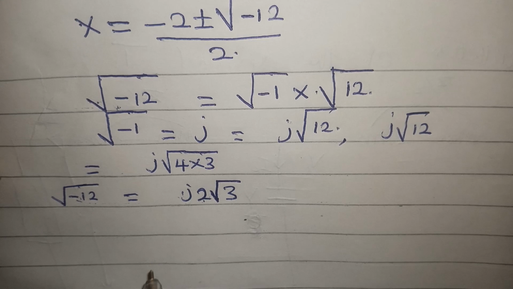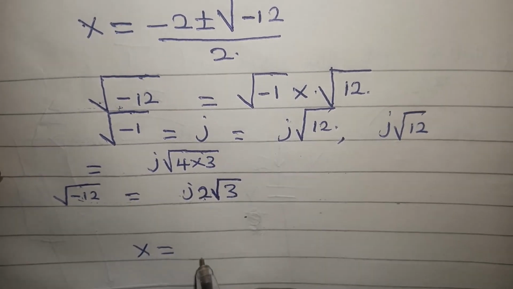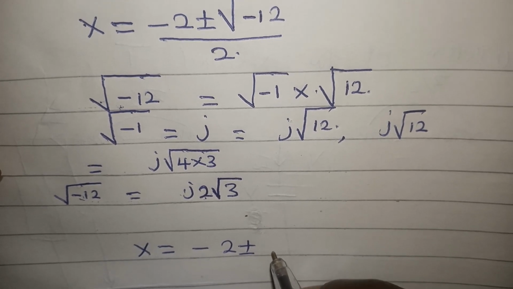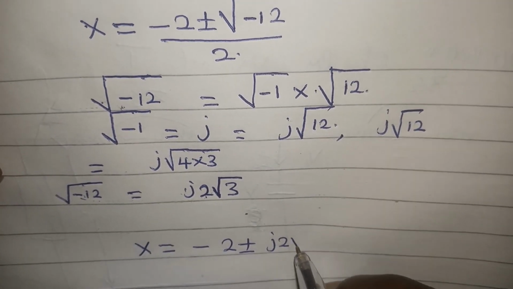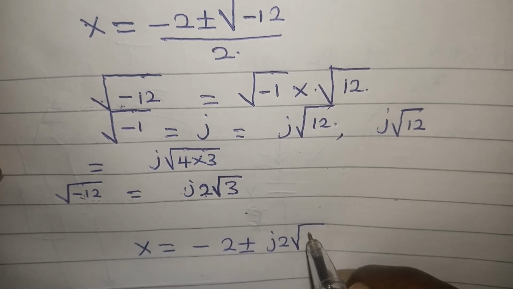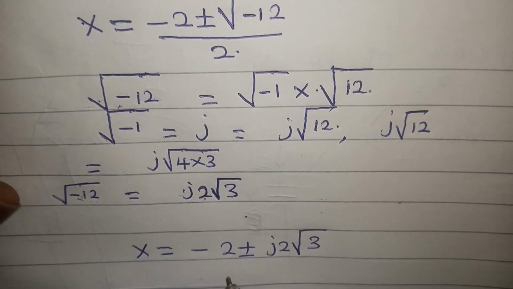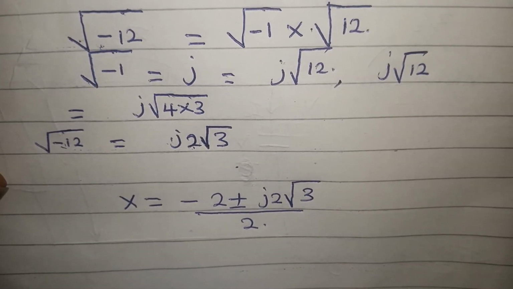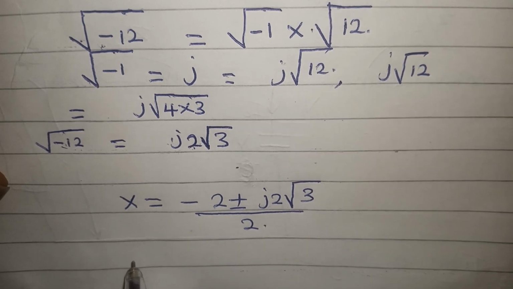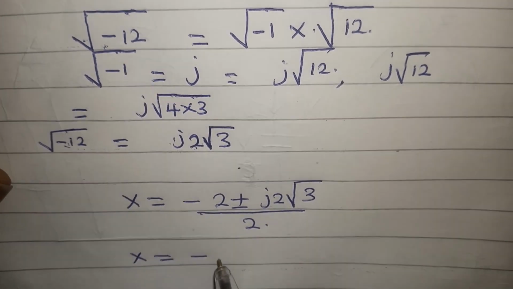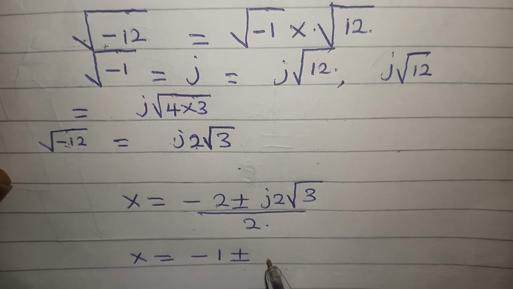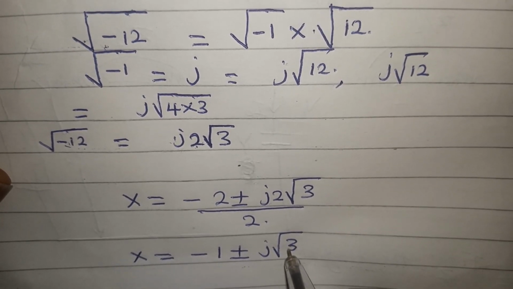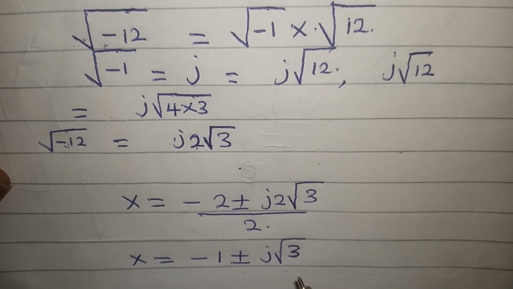Therefore we can see our x is equal to minus 2 plus or minus j2 root 3 over 2. You can see that 2 is common, so our x is equal to minus 1 plus or minus j root 3, dividing by 2.